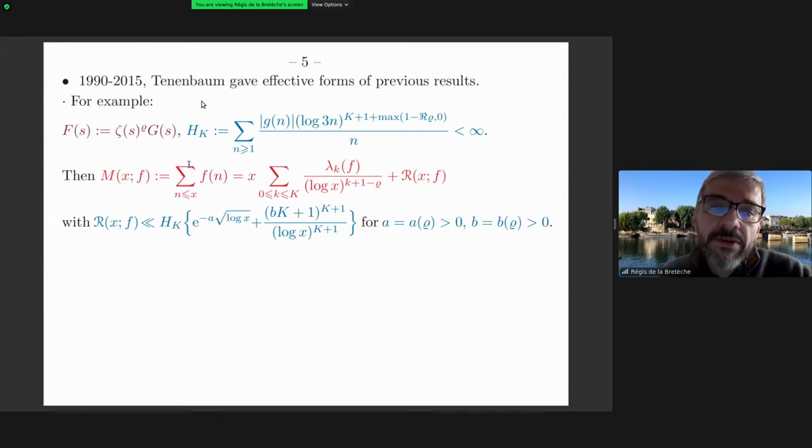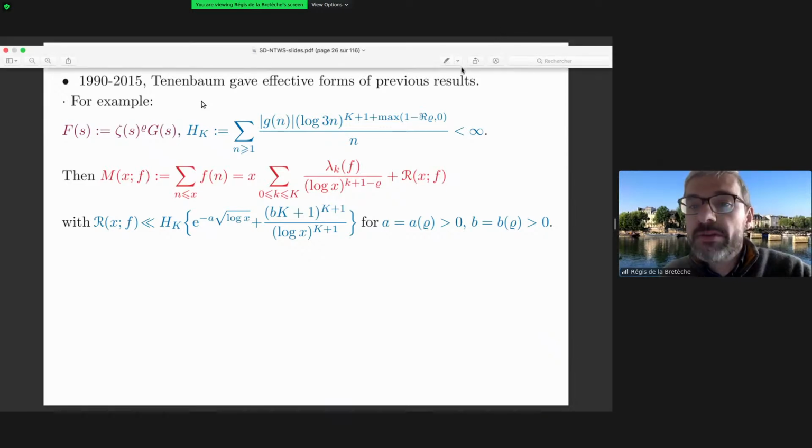So we have h of k, which is bounded as in our assumption. We have the error term of the prime number theorem, exponential of minus a times the square root of log x, and times x.